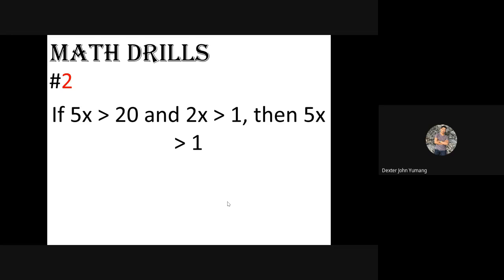Okay, last 30 seconds. Hala kayo. Anong property yan? Last 30 seconds. Ten, 9, 8, 7, 6, 5, 4, 3, 2, and 1.